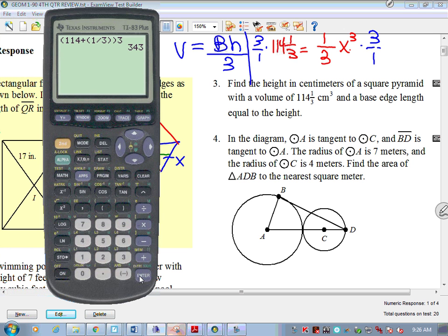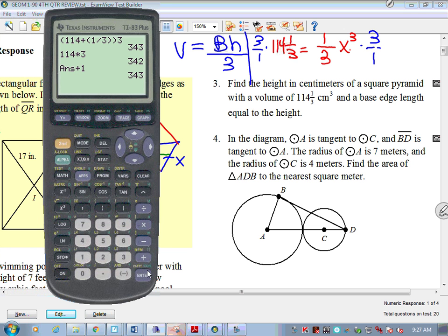Now, the other way that you could do this is you could take 3 times 114 plus 1, right, and get that as an improper fraction first. So let's just see how that works. 114 times 3 plus 1 comes out to 343.